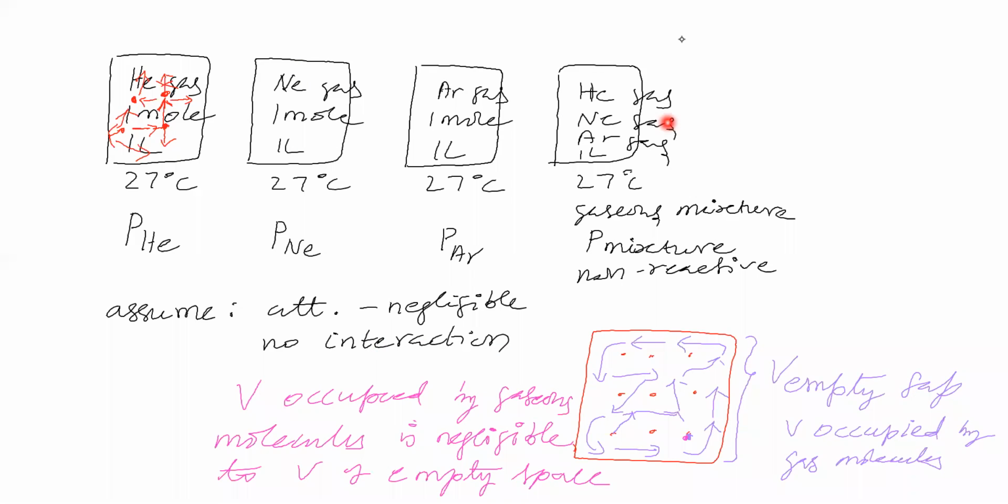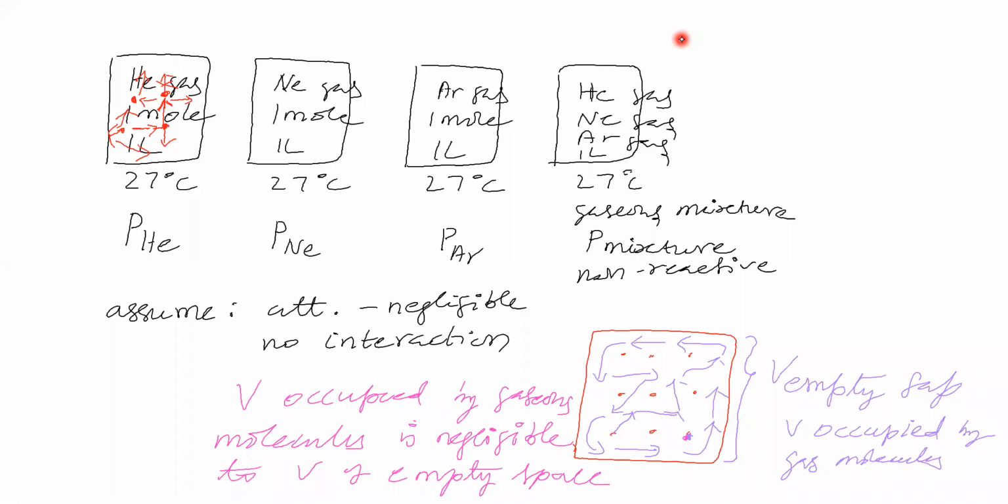If these two assumptions are valid here, they are automatically valid here. If you take these assumptions, shall we say the behavior of neon molecules here and here remains the same?